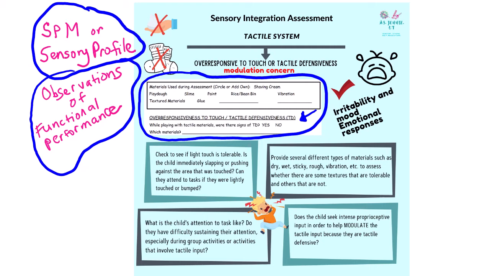Is there some sort of adaptive response to the tactile input, so that they're able to continue with the project even though they might be slightly tactilely defensive? Or are they able to move on? Maybe they recognize, oh, someone touched me, and they might even slap their arm a little bit, but are they able to move on from that?